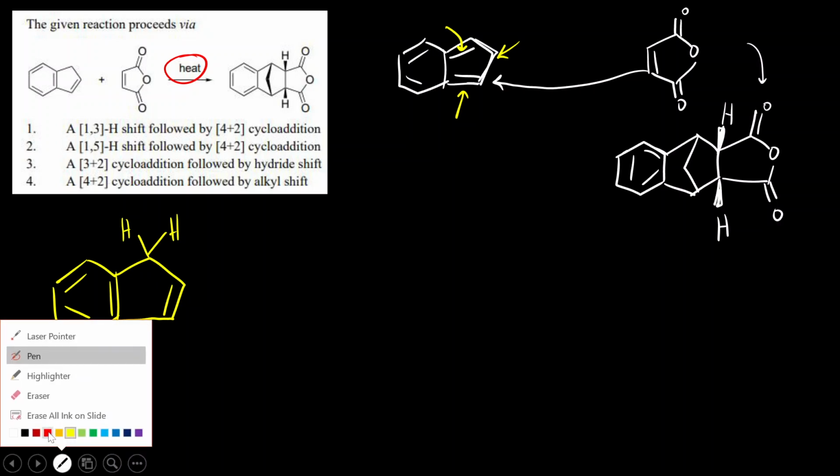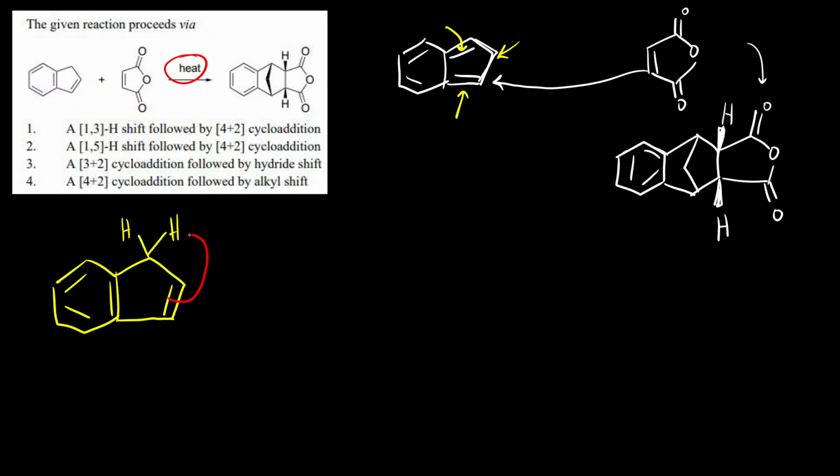So how will I do the reaction? I will bring this hydrogen here. This hydrogen's electrons will form a pi bond here, that is what we want, right? And then this pi bond will shift here. So what type of shift is this? I mark this as 1, so 1, 2, 3, 4 and 5.